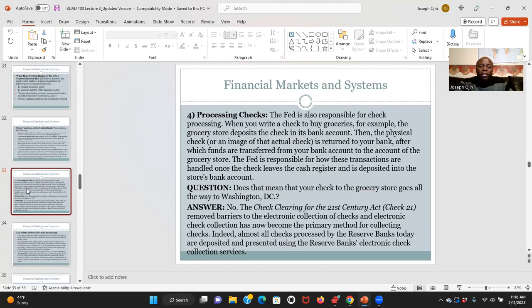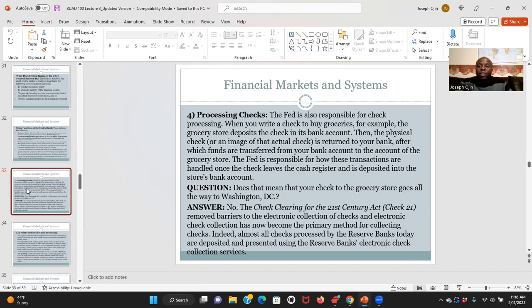So when you write a check to buy groceries, or for any purchase at all, the grocery store deposits the check in their bank account, and then the physical check will be returned to your bank for payment, after which the funds are transferred to the bank account of the grocery store.